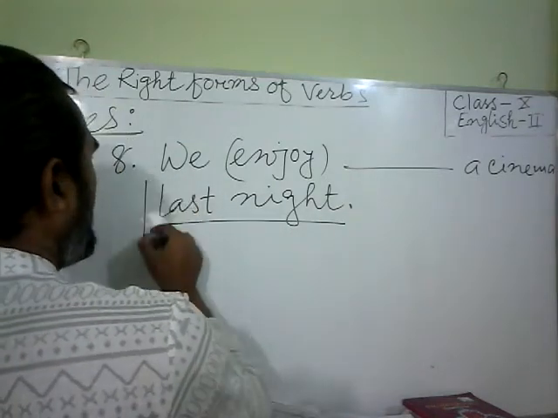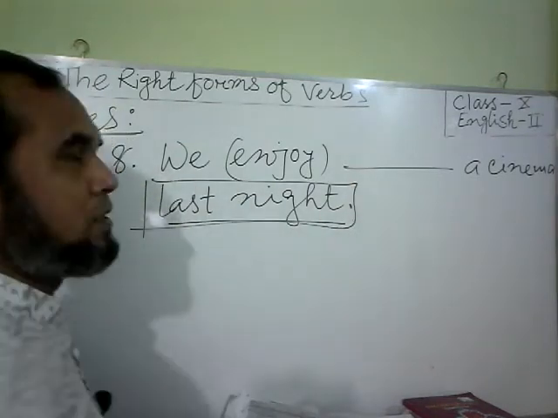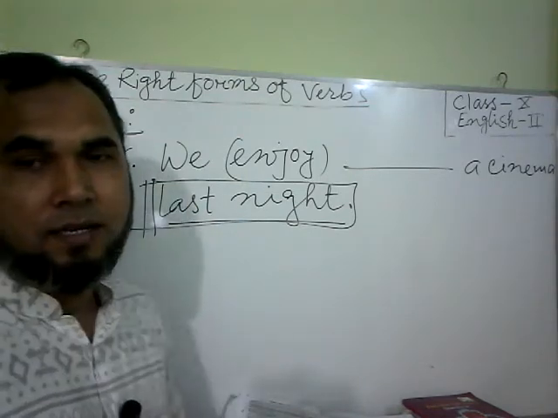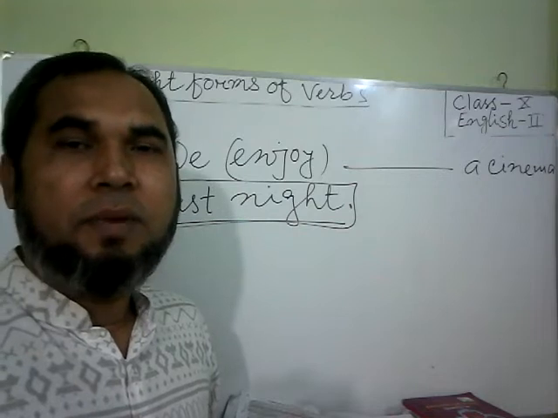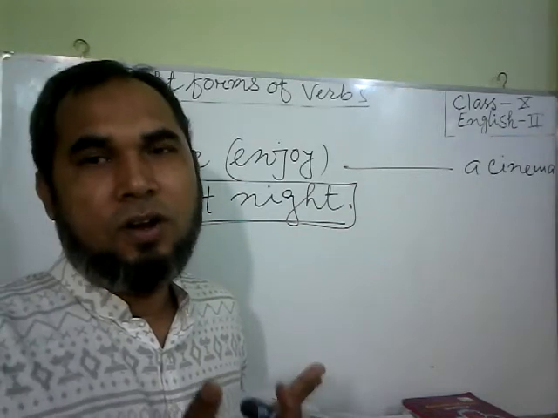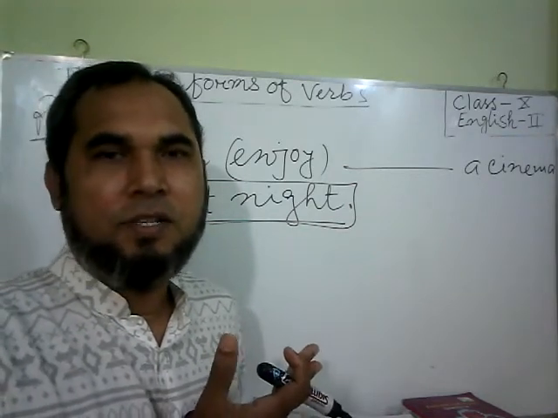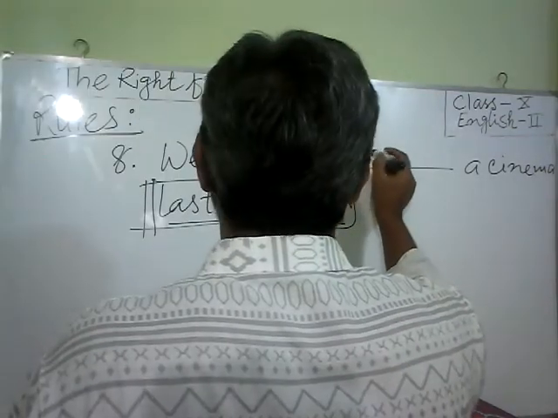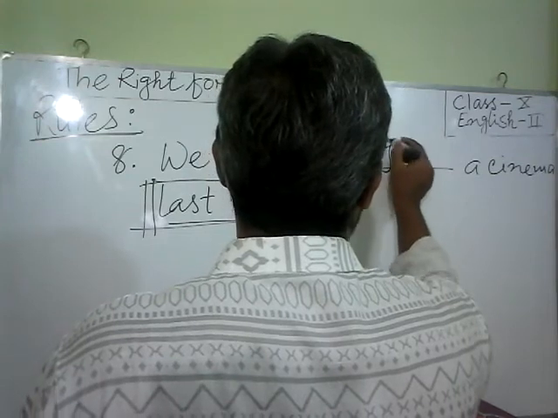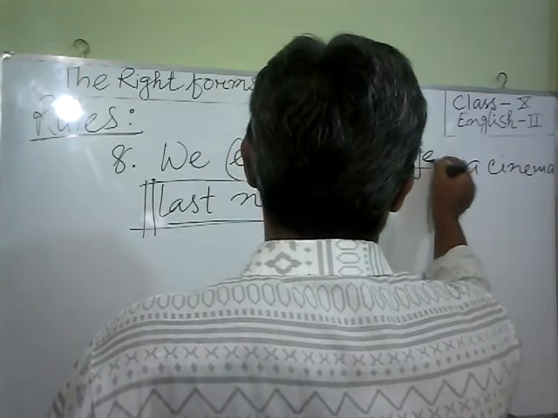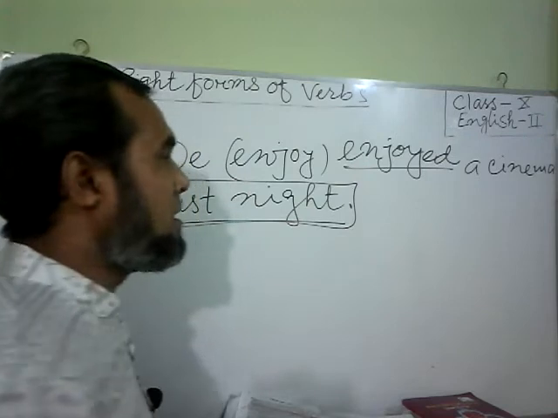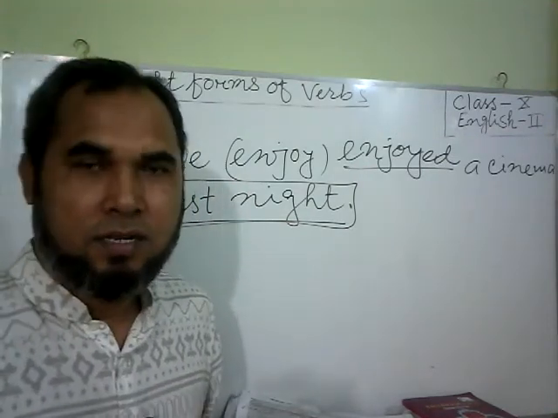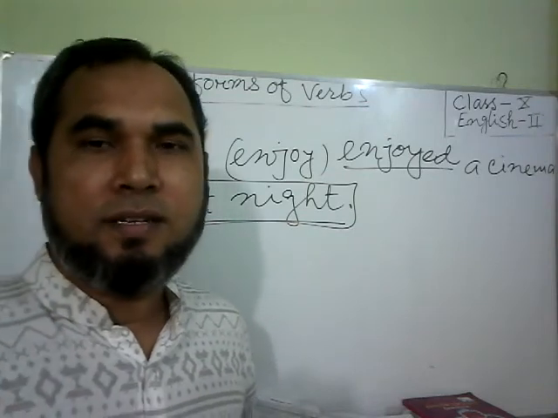Here we have a past indicating word, that is last night. The meaning is the action is gone, went on. That is why you have to write it in past indefinite. Then the right answer will be: we enjoyed a cinema last night. This will be the correct answer.